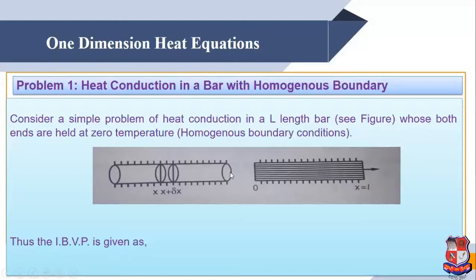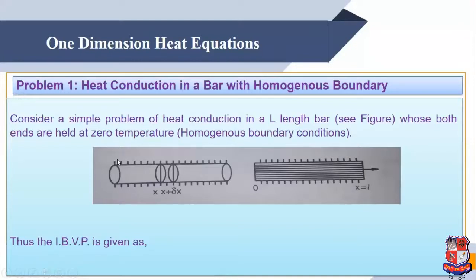And the second problem is heat flow or heat conduction in a bar with insulated ends. Insulated ends means heat does not flow at both ends. That means a constant temperature.